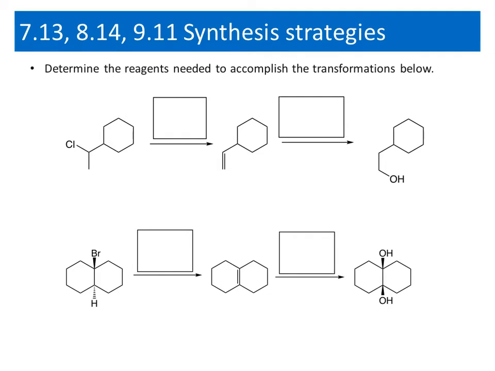So as I mentioned, we need to compare the starting material and the product for each step. So in this step, I have an alkyl halide, which is converted to an alkene. So that reminds me of elimination reaction. So elimination reaction happened here.